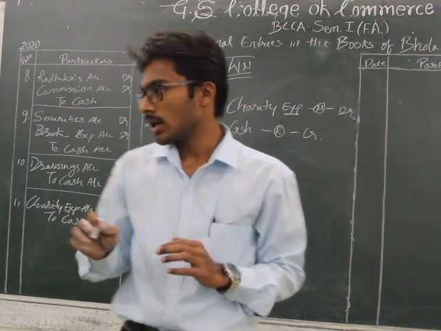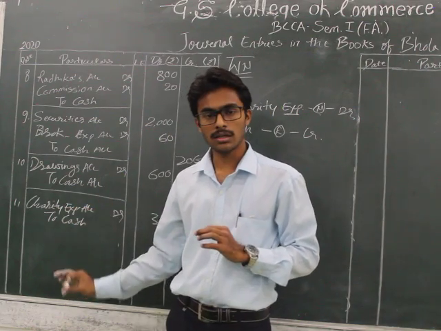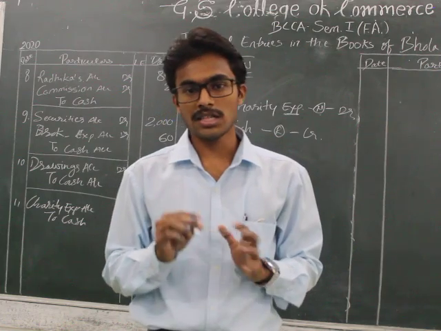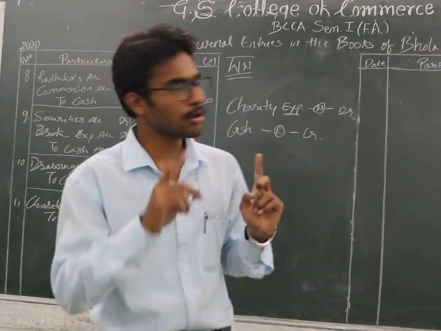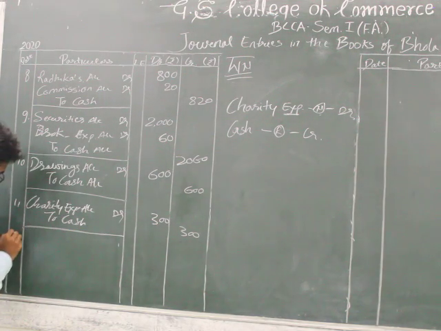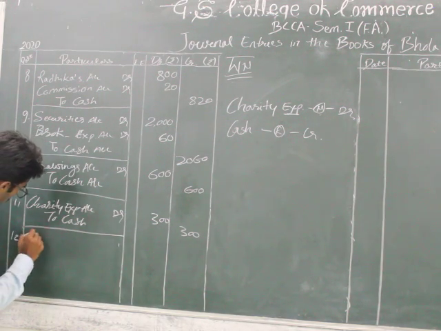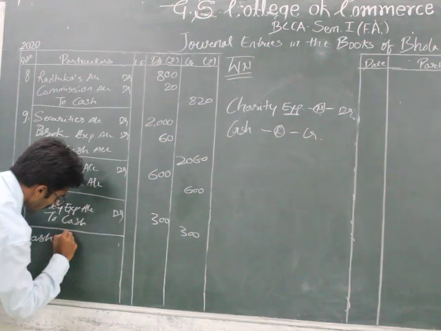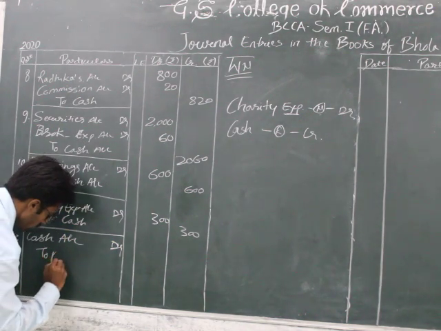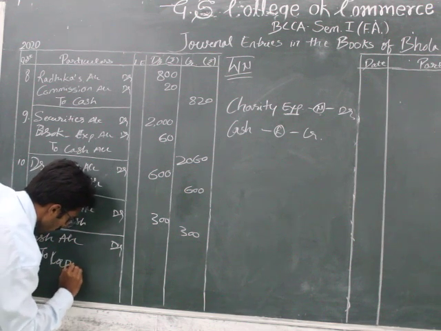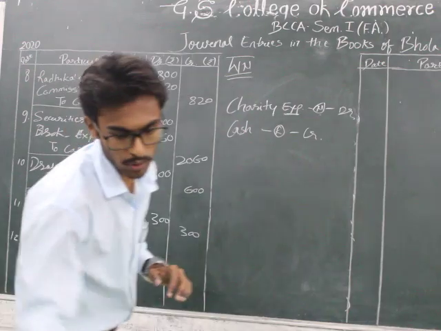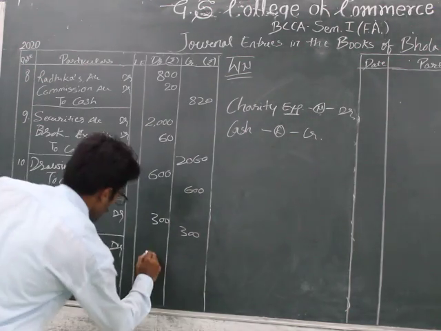And exactly in the first entry which we have seen, cash account is debited to capital account. That same logic will be applied here, and the 12th entry will be cash account debited to capital account, and amount will be rupees 2000.